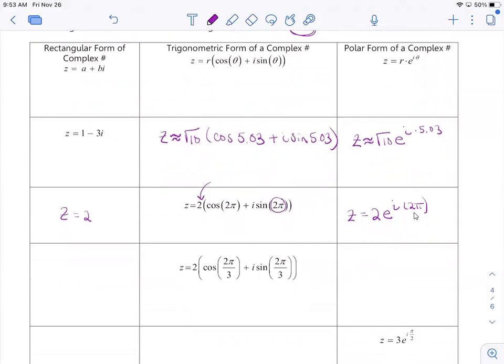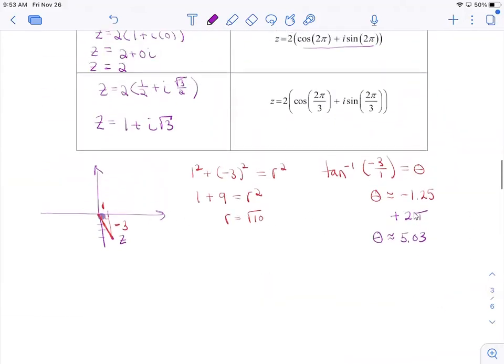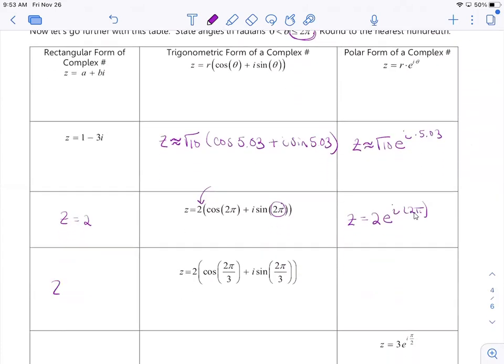This one we also did. I'm actually going to have to scroll up because I forget what the answer is. 1 plus i root 3. And I'm just filling that out. I do not need this rectangular form to figure out my polar form, my Euler's formula, because everything is given to me here in my trig form.